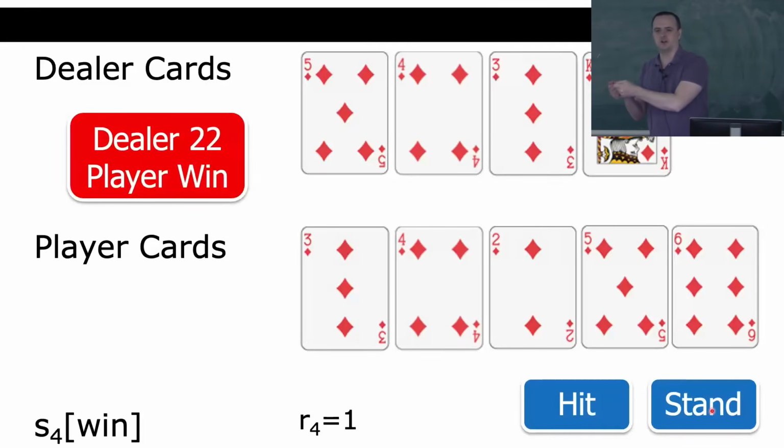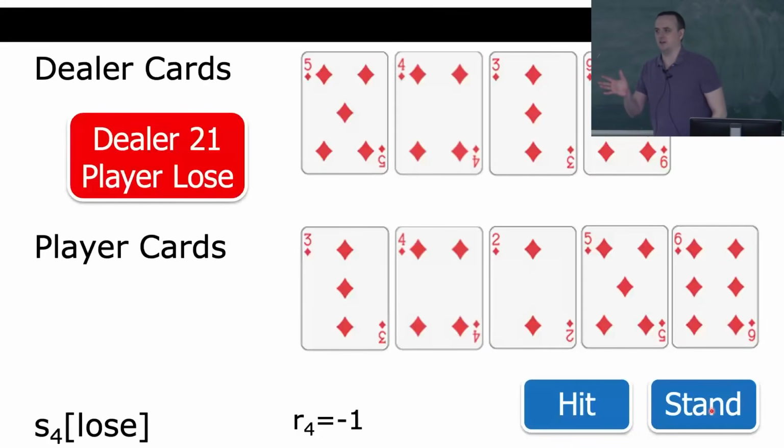In one deal of the cards, I said stand at 20 and the dealer lost, so I went to a winning state. In the other deal of the cards, I chose stand at 20 and the dealer got a 9, and so I went to a losing state, right? So there is a probability in blackjack of going to a winning state or a losing state, and we haven't calculated those probabilities, so we don't know those things yet.